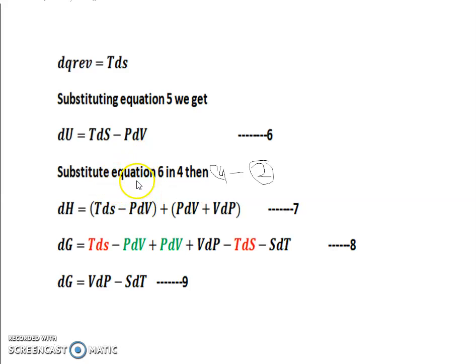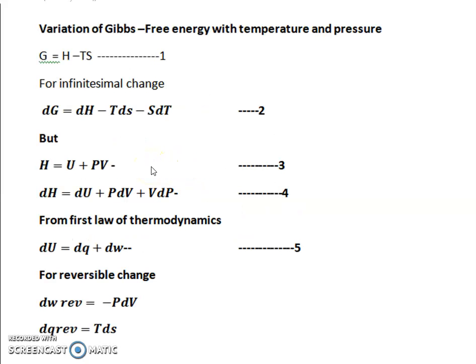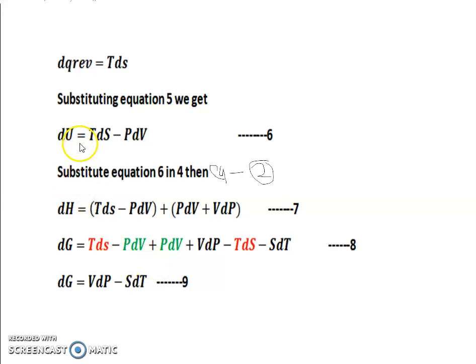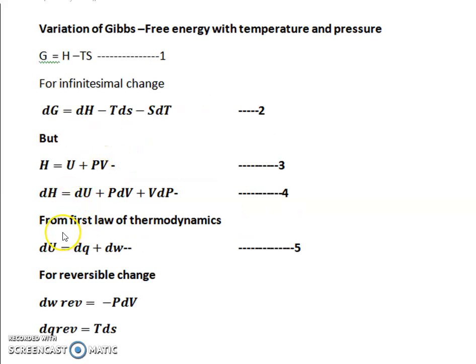In equation 4, dH is equal to dU plus PdV plus VdP. Put the value dU is equal to TdS minus PdV in this equation: dH is equal to TdS minus PdV plus PdV plus VdP.